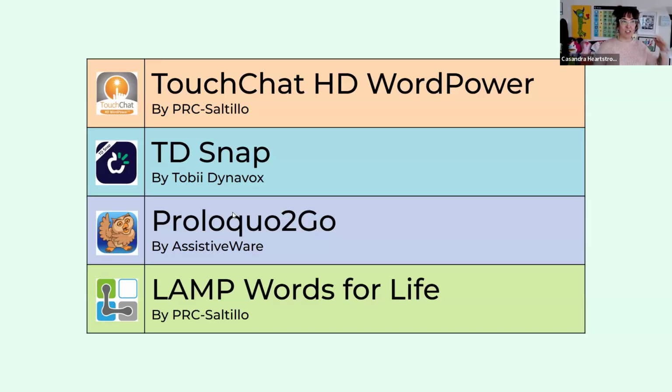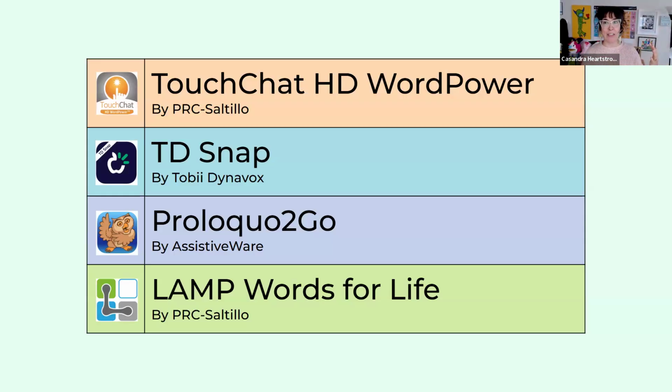I will just say that Tobii Dynavox and PRC Saltillo are the longest living AAC companies. They have been doing AAC research and product creation since the early days. So their apps tend to be the most functional for the long term because they have put in years and years and years of development into them.